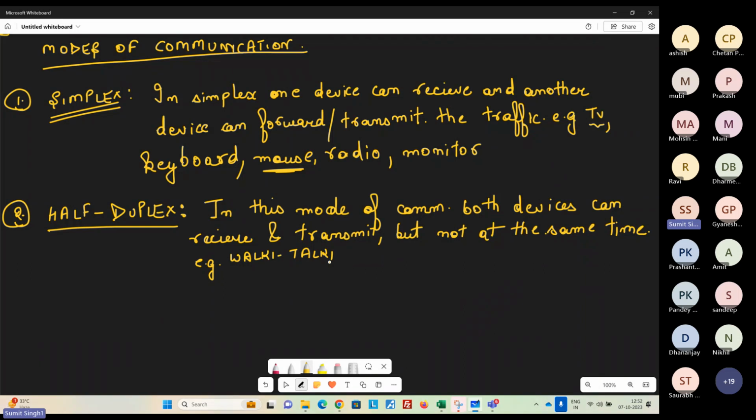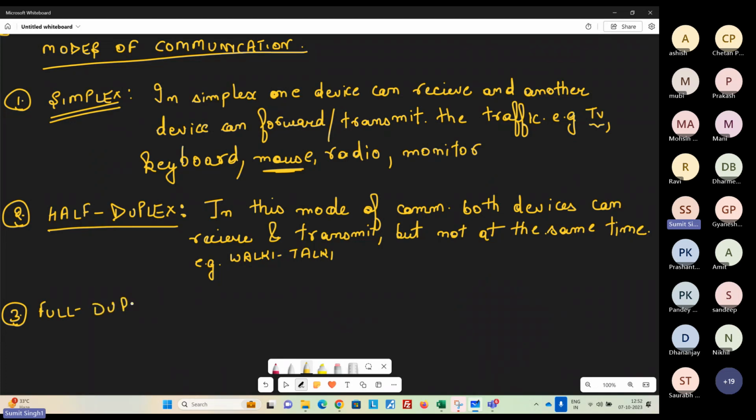For example, I am trying to communicate with Ravi over the walkie-talkie. I'll speak first, Ravi will listen. Then he will press the button and say something, and I'll receive. That's how a walkie-talkie works. Walkie-talkies are still used in government-based organizations, but are otherwise obsolete now.